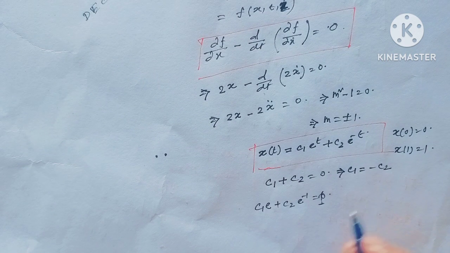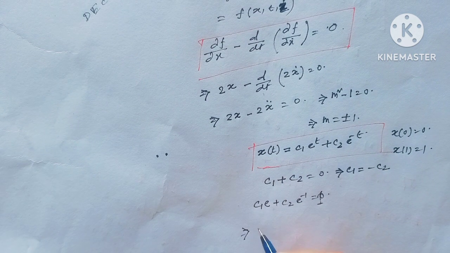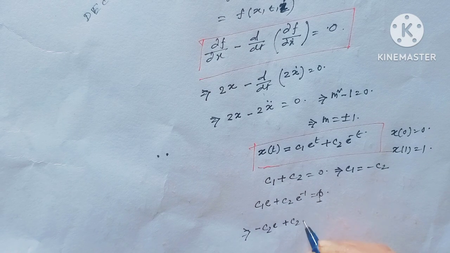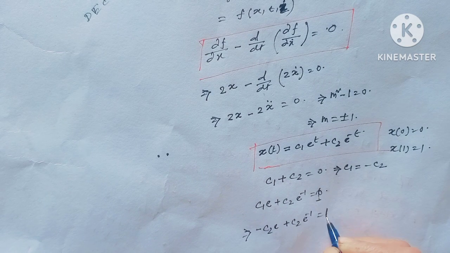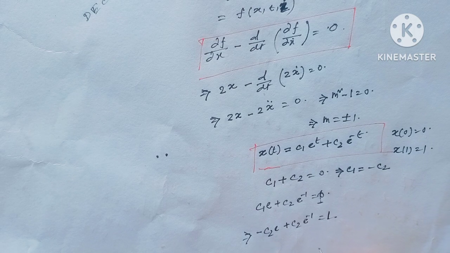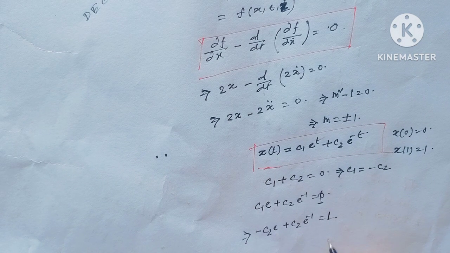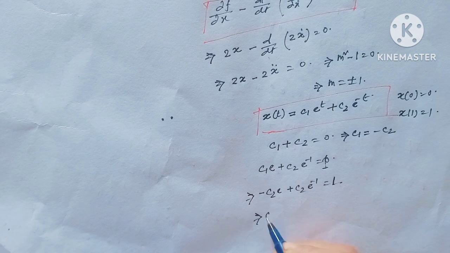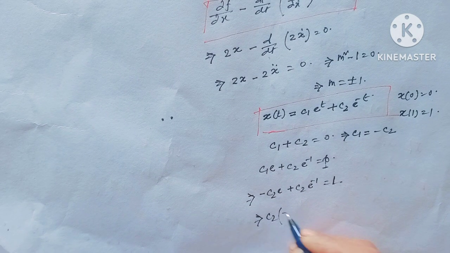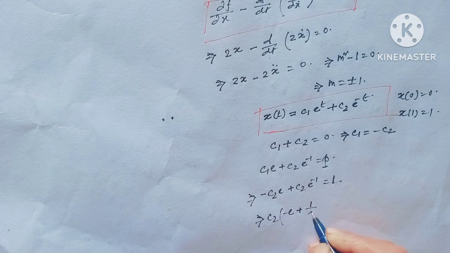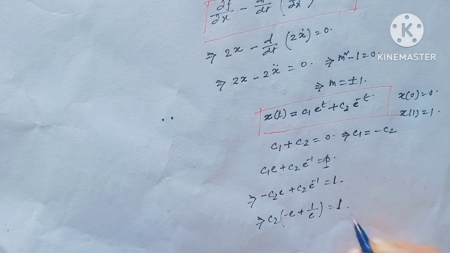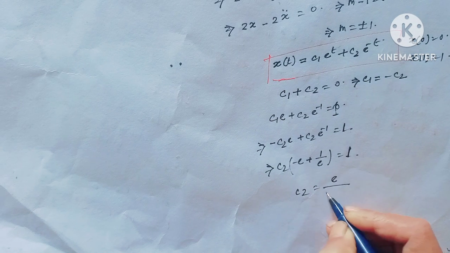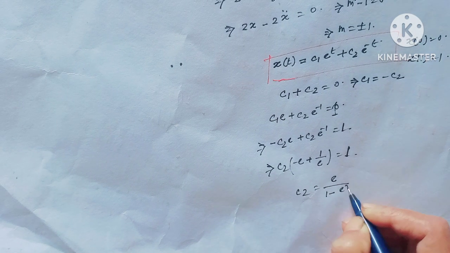Now put the value of c1 here: minus c2 e plus c2 e inverse equal to 1. That implies, taking c2 common, c2 times (minus e plus 1 over e) equal to 1. That implies c2 equal to e over 1 minus e squared.